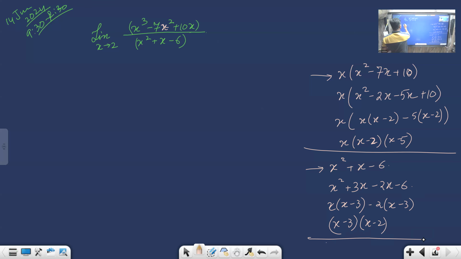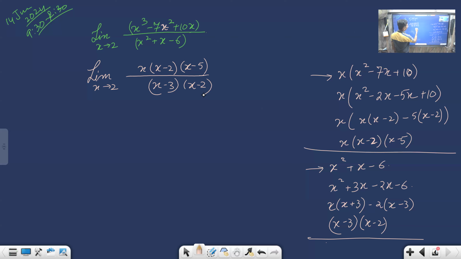Now look at the beauty of this method. Limit x tends to 2. The numerator can now be replaced by x minus 2, x minus 5, and the denominator I have got x plus 3, x minus 2. Sometimes this might happen, okay? Not always.